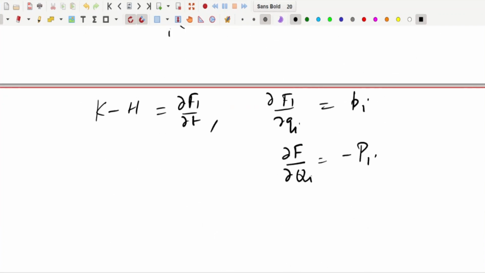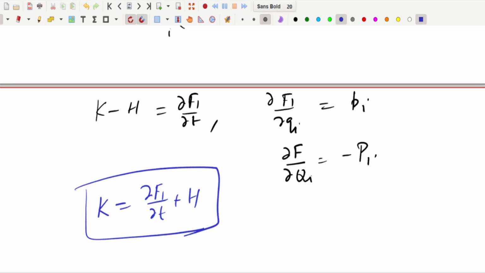Sometimes some people also use H prime, so that is why I made the mistake. Okay, so your new Hamiltonian K will be the old Hamiltonian plus del F del t, if it is time dependent, and this F1 is the generating functional, so these are the canonical transformation.